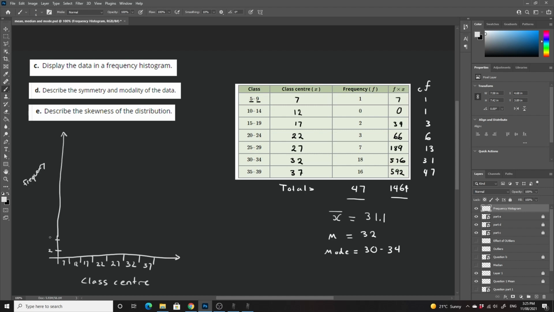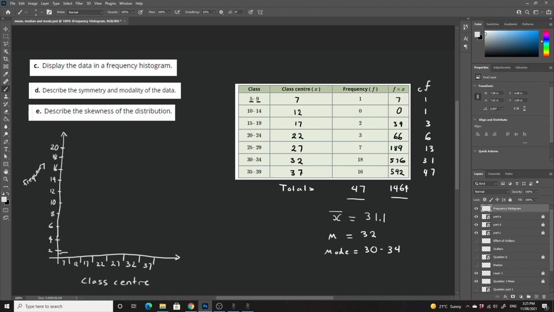So 2, 4, 6, 8, 10, 12, 14, 16, 18, and 20 is our highest, I think. Nope. Okay, so our first one is 7.